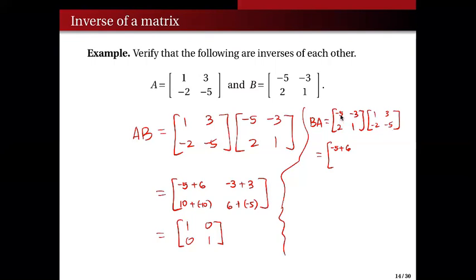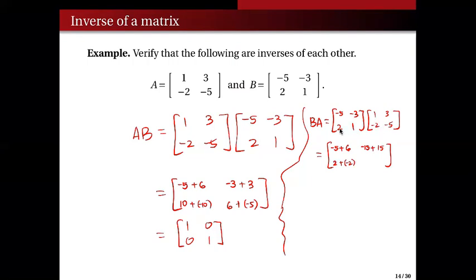First row, second column: negative 5 times 3 is negative 15, plus negative 3 times negative 5 is positive 15. Second row, first column: 2 times 1 is 2, plus 1 times negative 2 is negative 2.